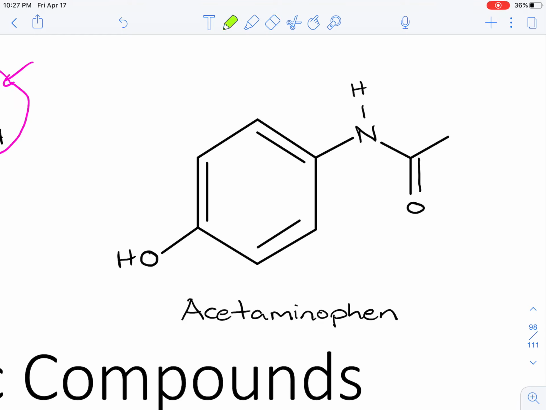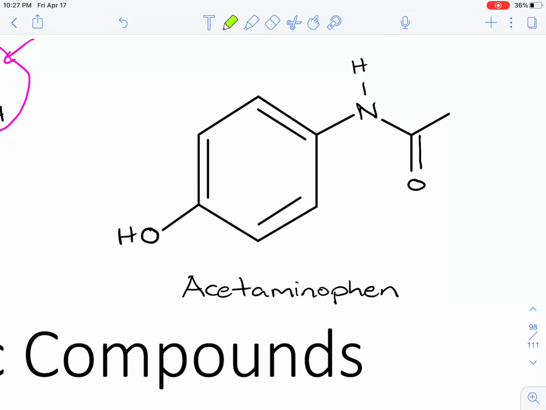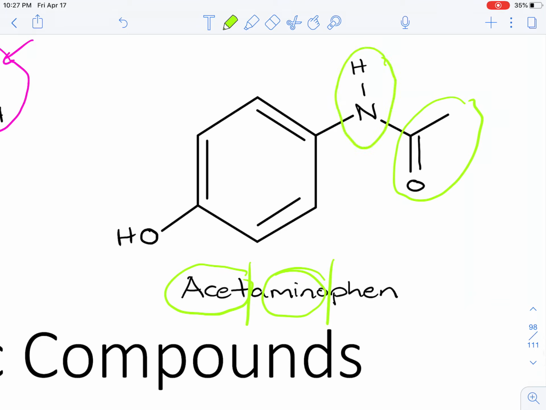Now, if you look at the name of this molecule, acetaminophen, maybe some of you know this, but if you break down the word, acet is short for the acetyl group, and the acetyl group is this portion right here in acetaminophen. Then amino is that nitrogenous functional group. If you took biology before this class, hopefully you are familiar with this amino functional group.